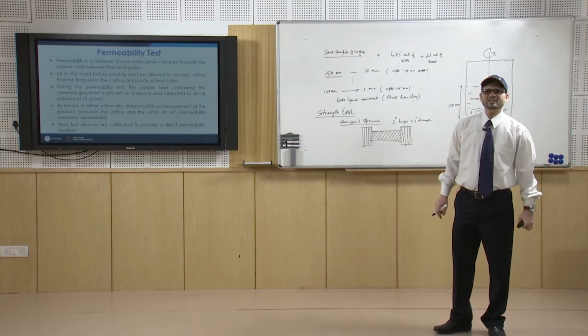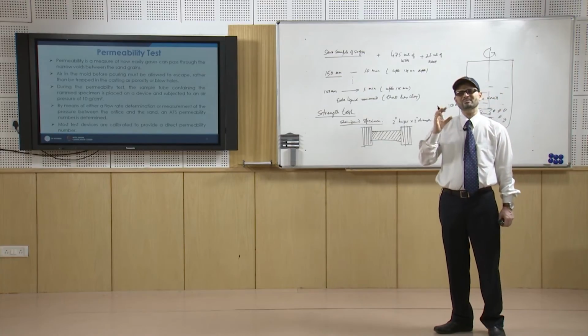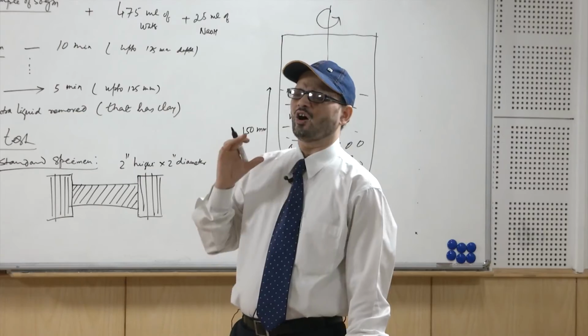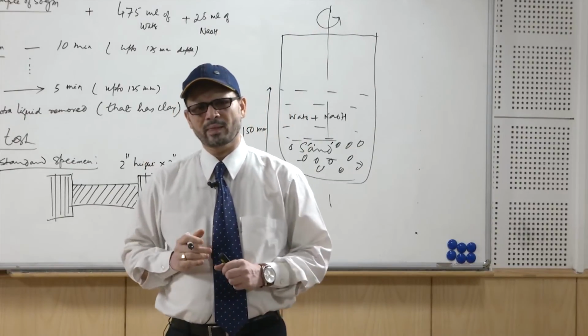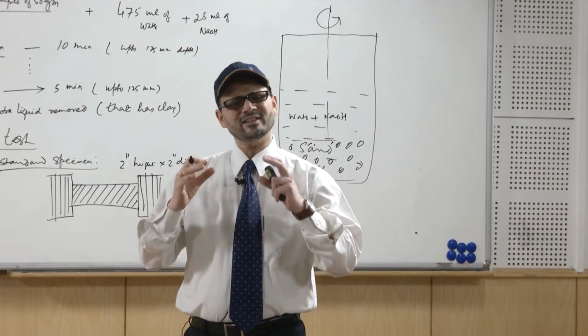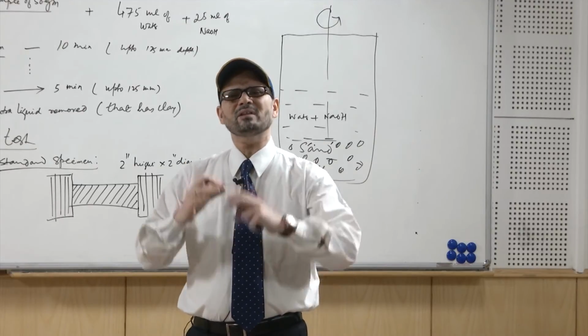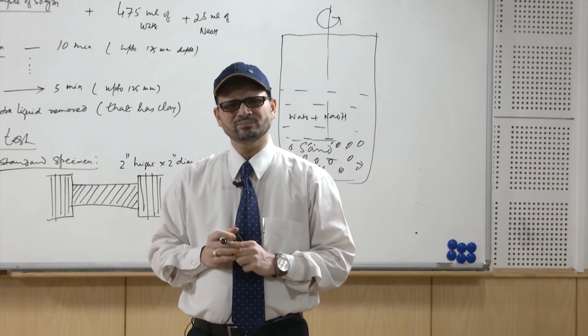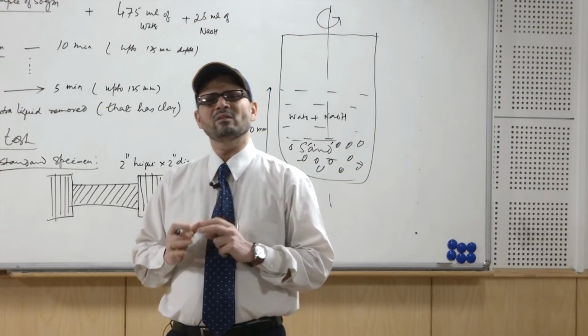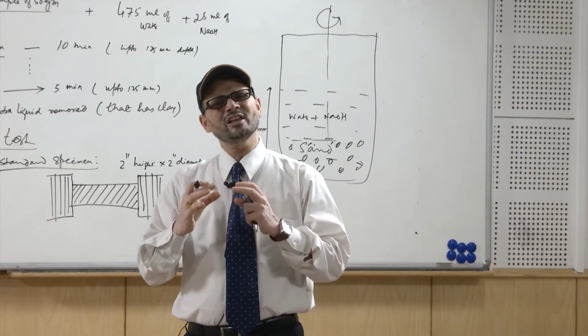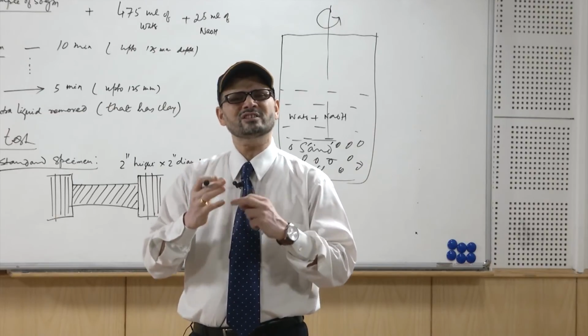Then permeability test. We know that permeability is the ability of the mold to allow the gases to escape through it. Permeability is very important because if the permeability is poor, the gas escaping tendency will be less, and that may lead to numerous gaseous defects.